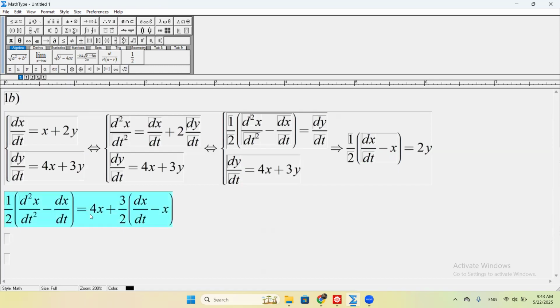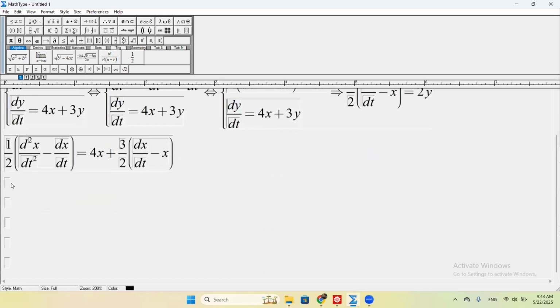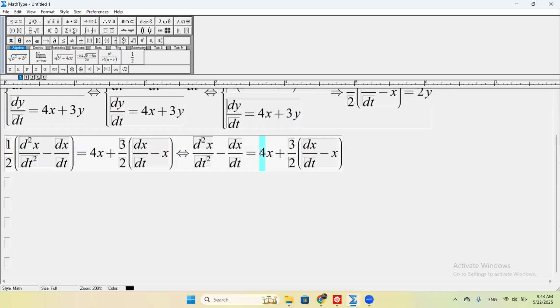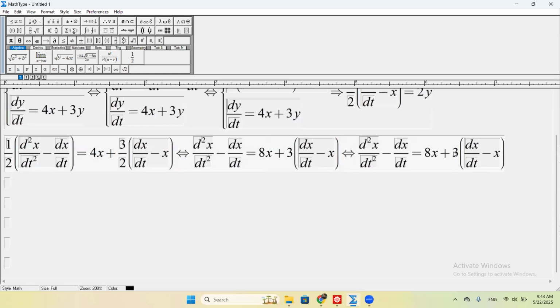So then what are we doing next? The next is, we will expand brackets. But maybe first of all, let us multiply this equation by 2. So I will have here this expression. Here will be 8 and here will be 3. And now expand the brackets, and minus 3x.